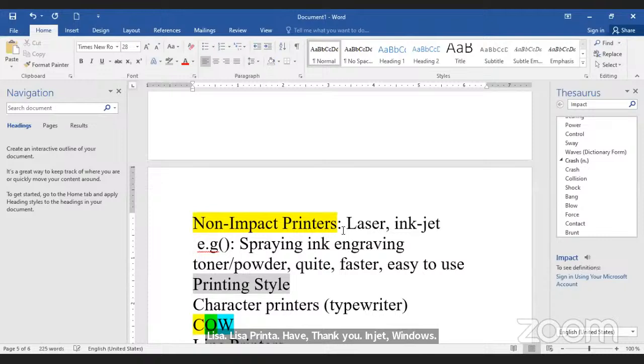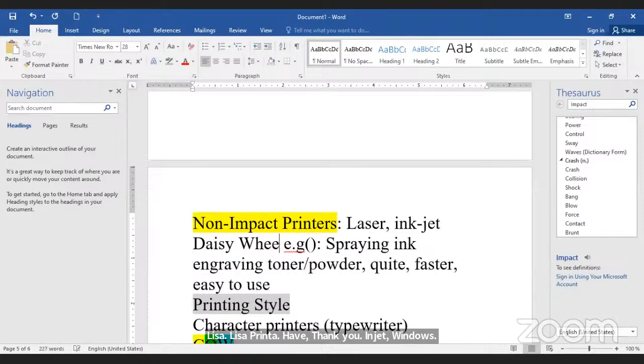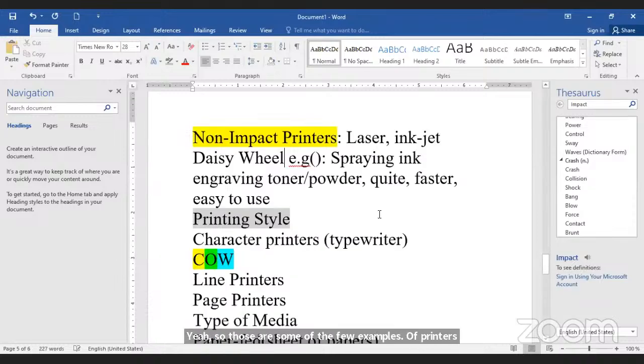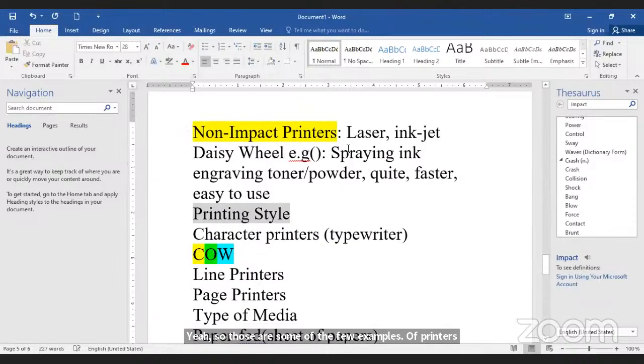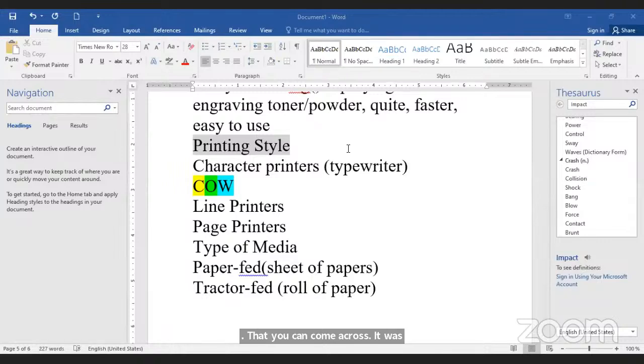Daisy wheel printer. Yeah, so those are some of the few examples of printers that you can come across. Those are some examples of printers.